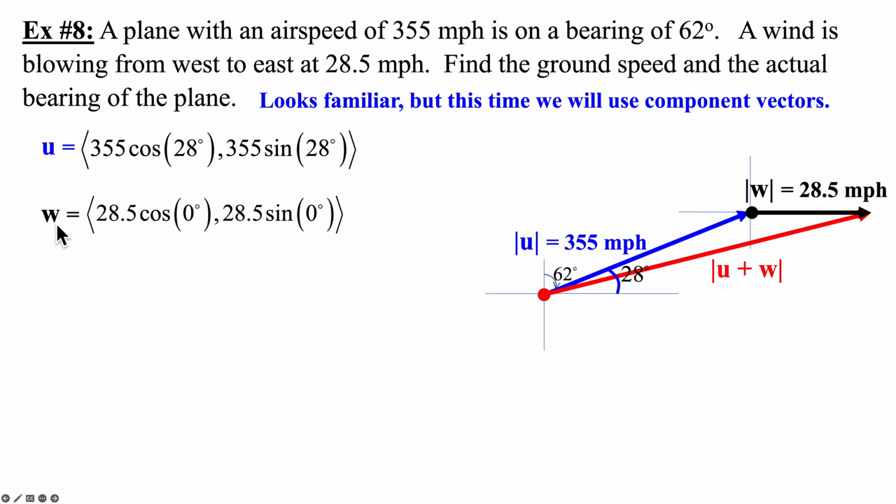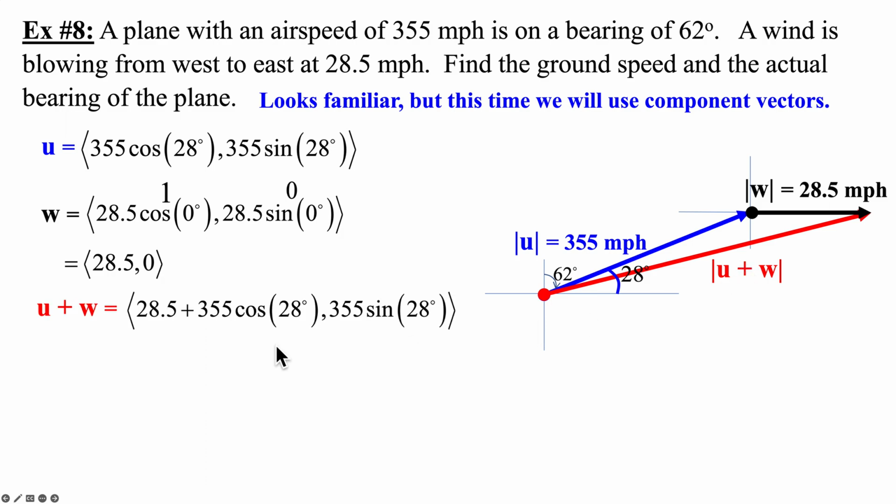All right, my wind, magnitude of 28.5 miles per hour, times cosine of 0, and the same 28.5 times sine of 0. No, wait a minute. Cosine of 0, that's a 1. And sine of 0 degrees, that's a 0. That vector in component form is 28.5 comma 0.